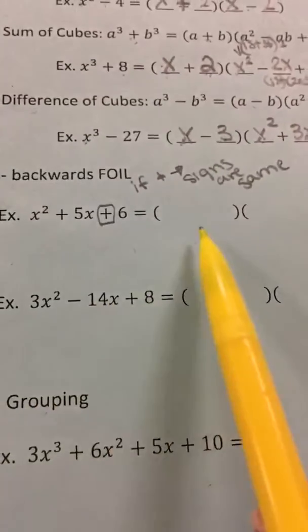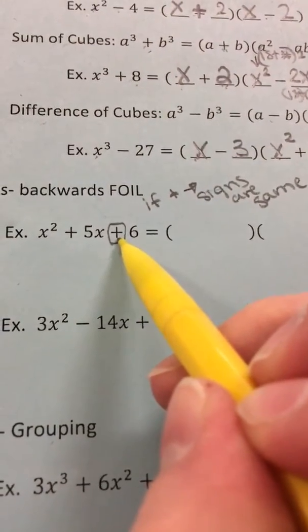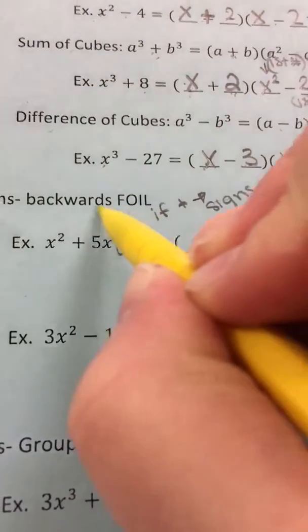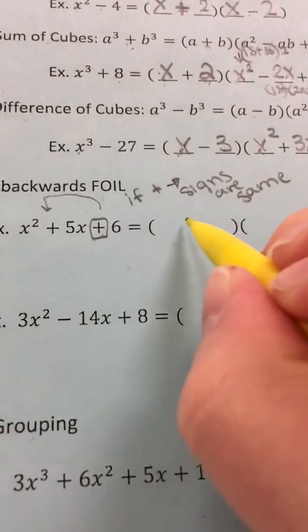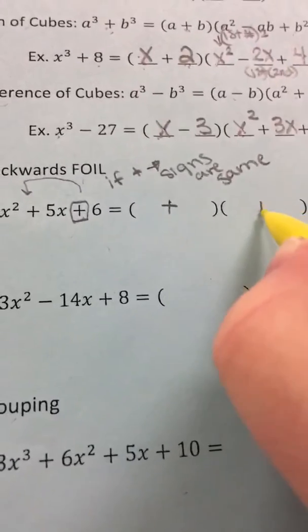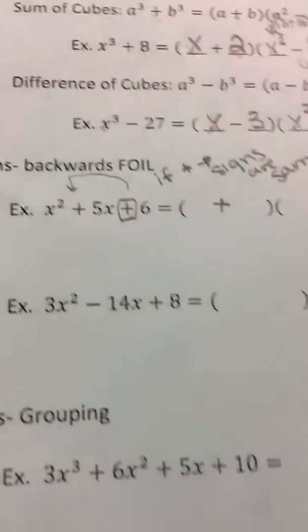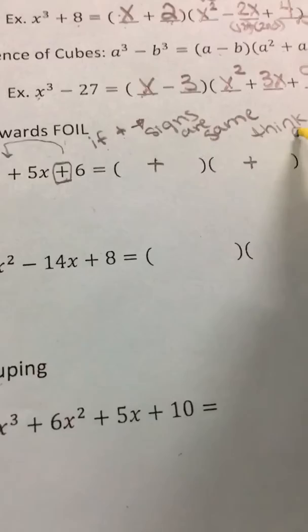So when we break it into our two little parentheses, both of the signs are going to be the same. To know what that sign is, you look back at this one. This one is a plus, so we know that both of them automatically are going to be plus plus. Now, if it's a plus, you have to think adding.